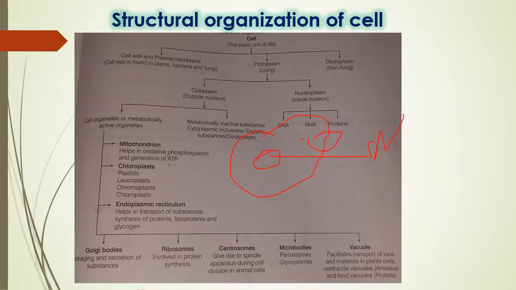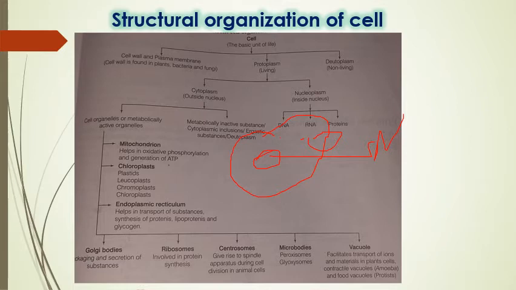Next is the endoplasmic reticulum. There are two types, smooth and rough, which help in transport of substances such as protein, lipoprotein, and glycogen.